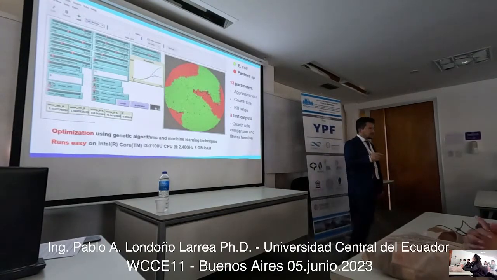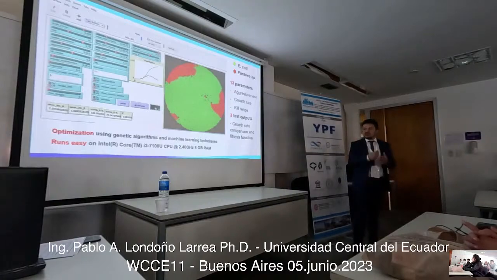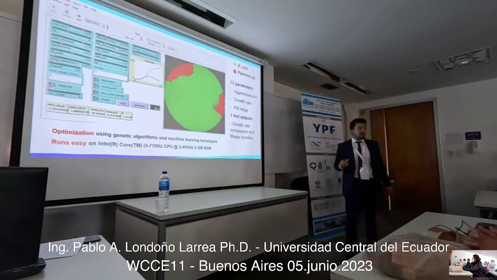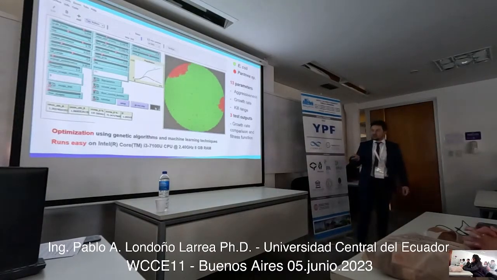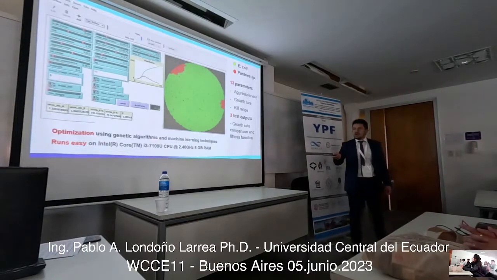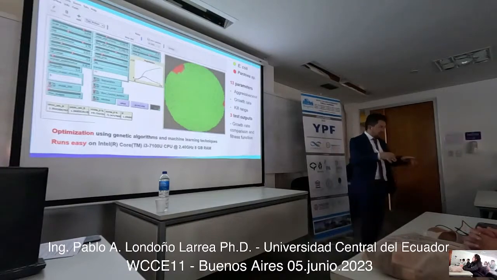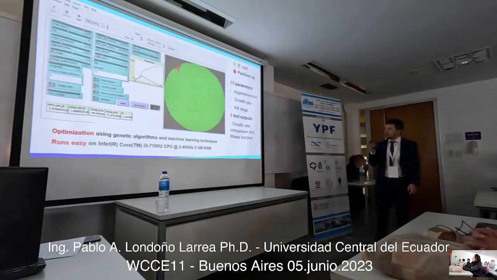Something interesting is that the optimization was done using genetic algorithms and machine learning techniques in a partial section of the supercomputer that we have at the Oak Ridge National Laboratory, but the optimized model can run easily on an Intel Core i3 PC. It's a normal laptop that we have at home.